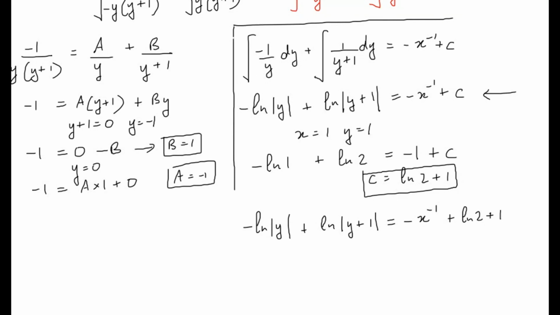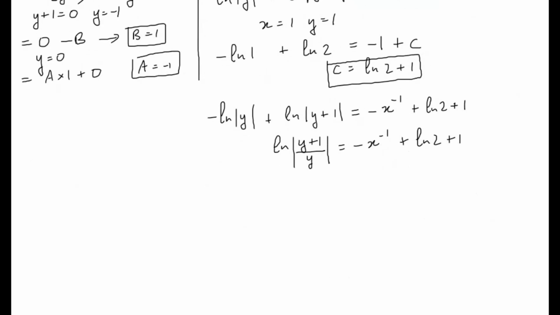Question also asks us to make y the subject. So I'm combining the logs on the left hand side to make it ln of y plus 1 by y equals negative x to the power minus 1 plus ln 2 plus 1. Okay, converting it to exponents in order to find the value of y.